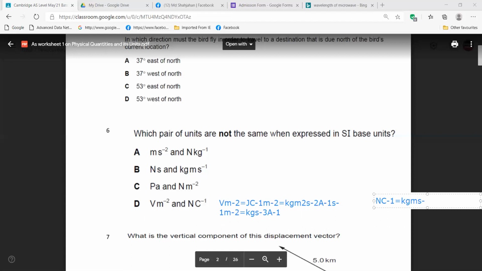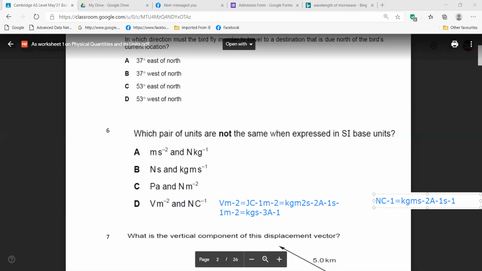Because Newton means force, force equals ma. Ma means m for mass kg and acceleration is meter per second square. So kg meter per second square, then a minus 1, second minus 1, this way. Coulomb, right?